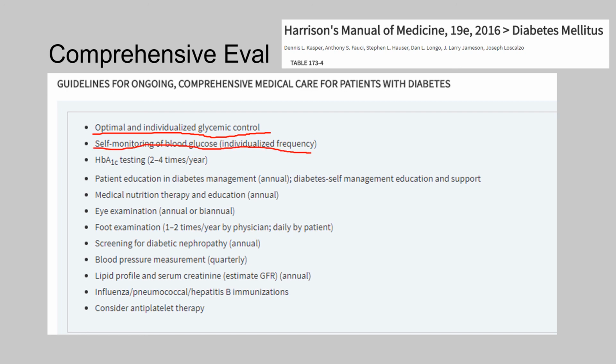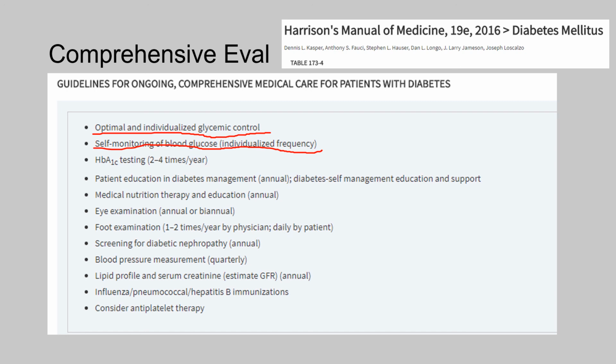How frequent depends on how severe their symptoms are and what kind of medications they're on. Typically, for someone who's newly diagnosed, who's maybe just on some oral medications, we might be having them check a fasting and maybe a 2-hour postprandial after their biggest meal of the day. More frequently, if we're adjusting medication dosages or if they've started something new or if they're ill.